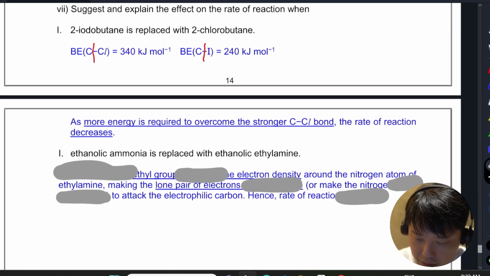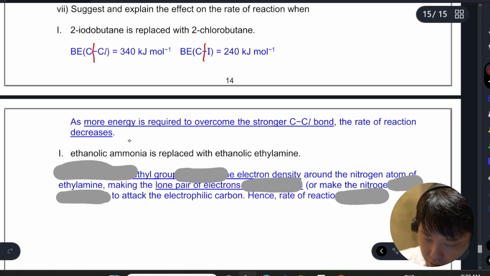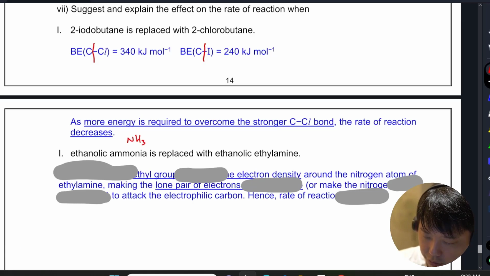For the second part, they say if the nucleophile now is replaced with ethanolic ethylamine. Okay, so what is the difference? The difference is this one is just NH3, right? This one has NH2 and then it has an R group of ethyl.